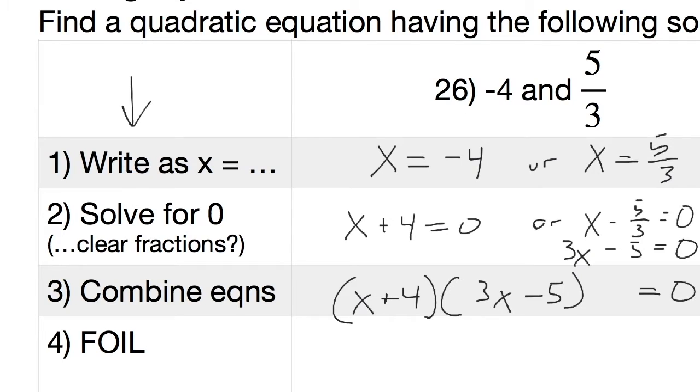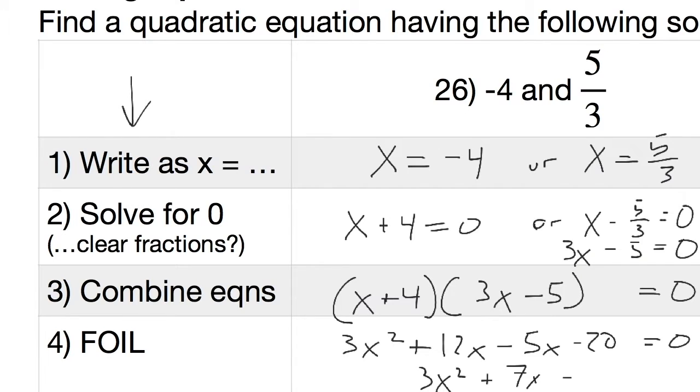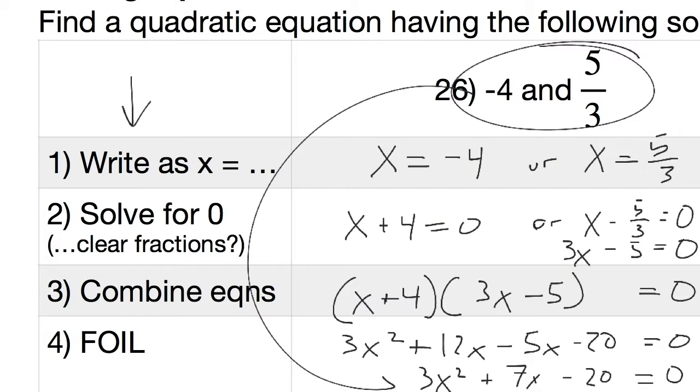And when we FOIL, we get 3x squared plus 12x minus 5x minus 20 is equal to 0. Combining the like terms, we get 3x squared plus 7x minus 20. How crazy is that? These two solutions dictated this equation.